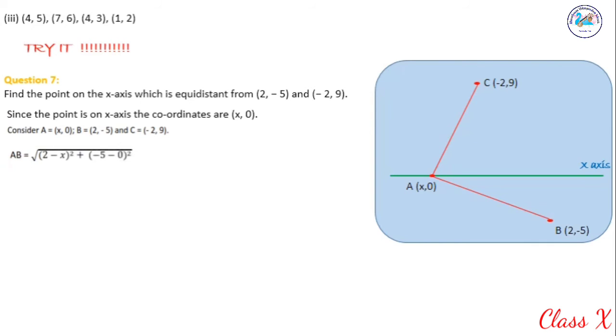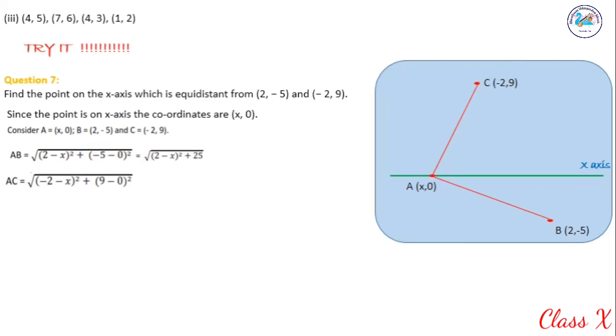I am not going to write any formula here, just a direct substitution. x2 minus x1, that is 2 minus x, the whole square, plus y2 minus y1, that is -5 minus 0, the whole square. Go for the calculation: (2 minus x) square remains the same. -5 minus 0 is -5 only, and -5 square is 25.